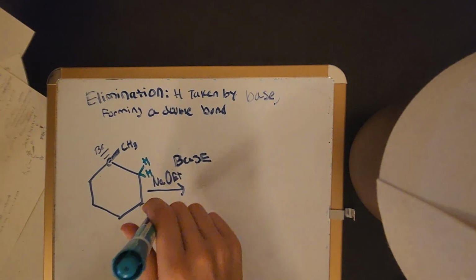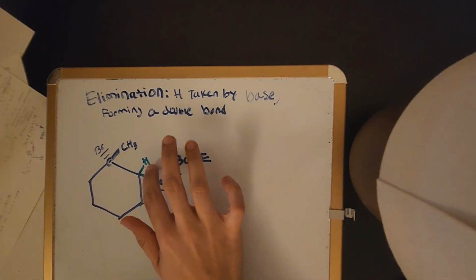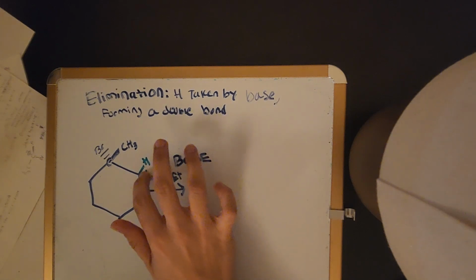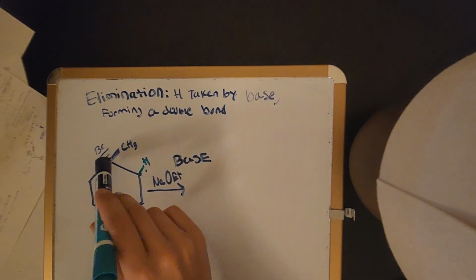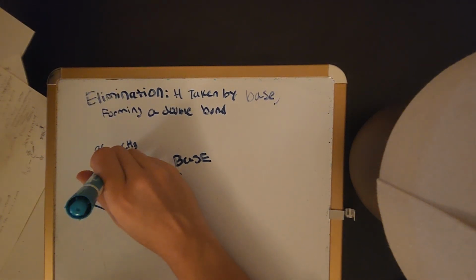In this case, this is a strong base. It's going to want to take one of these H's from a neighboring carbon to this Br group. So it steals an H. And when it steals an H, there's going to be a double bond formed here.